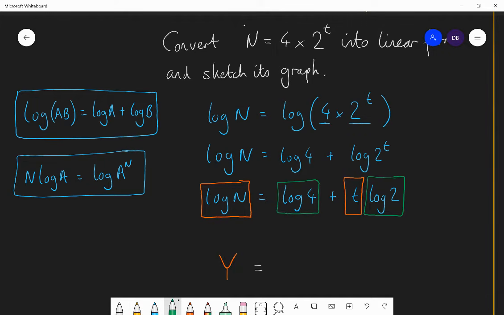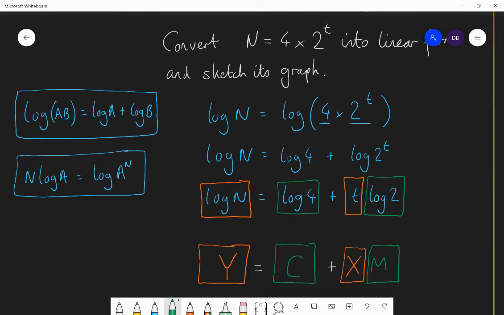Now, I'm going to write it in a different order: c plus x m. You're used to y equals mx plus c, but mx is the same as xm. It's just we usually write mx first by convention because we write the constant in front of the variable. But I'm writing it this way so that we can really clearly see how things match up in the equation above and the equation that we are used to.